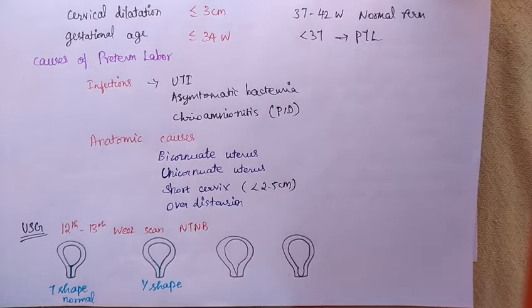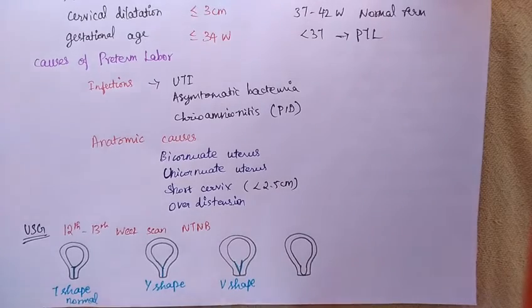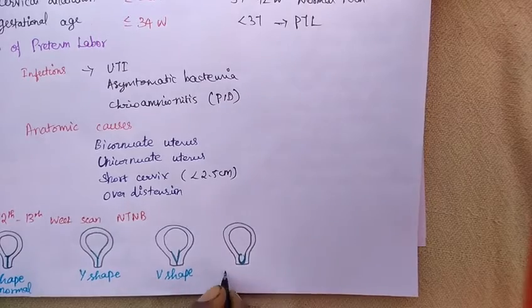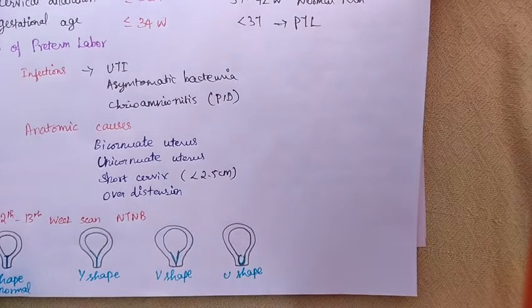Y shape is the beginning of the cervix to open up from inside. Then it will become V shape. And finally it becomes U shape. And U shape is the final sign that the patient is about to deliver.